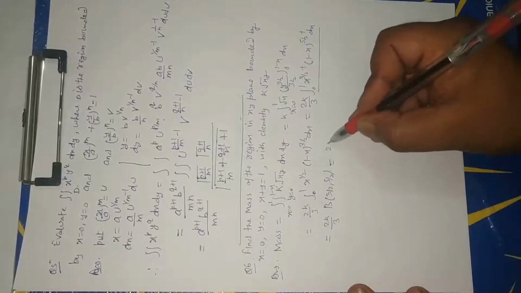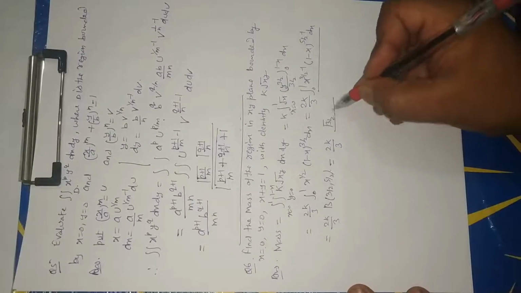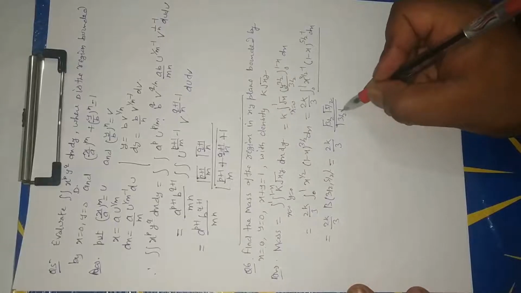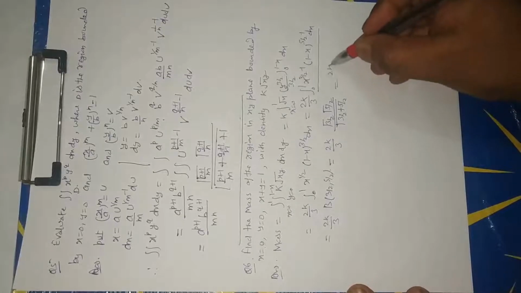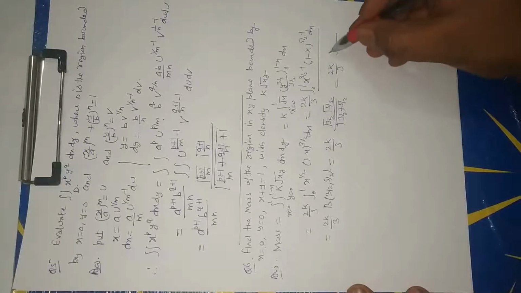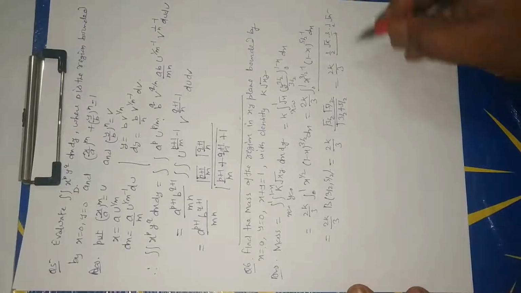Now we can calculate the value of this. This is gamma 3 by 2, gamma 5 by 2 upon gamma (3 by 2 plus 5 by 2). This is equal to 2k upon 3. The value of gamma 3 by 2 is 1 upon 2 under root pi, and gamma 5 by 2 is 3 by 2 times 1 by 2 under root pi.